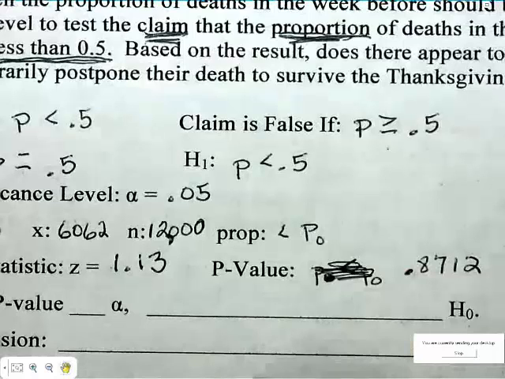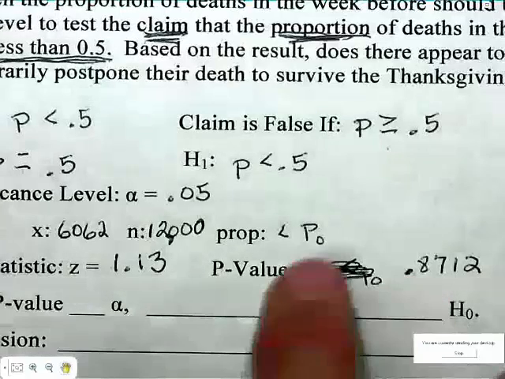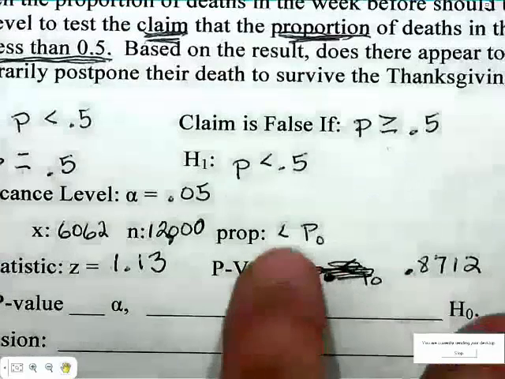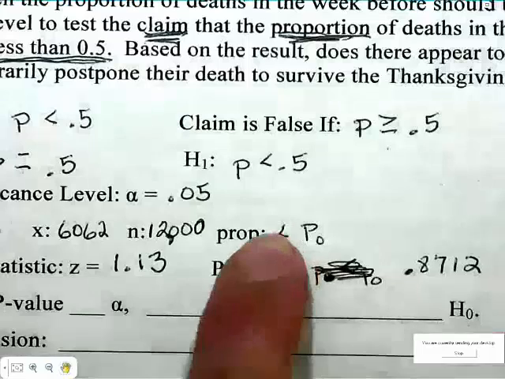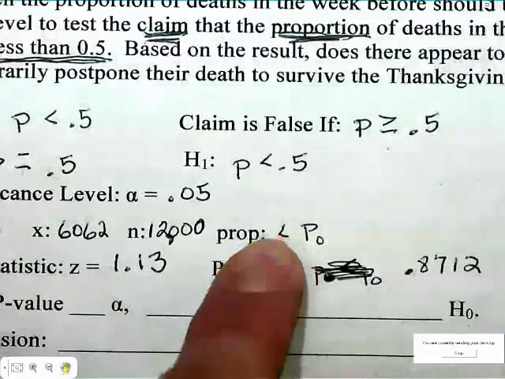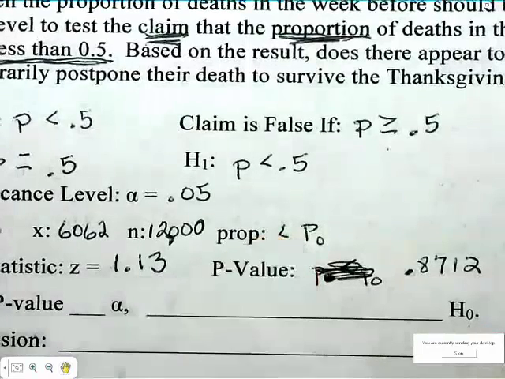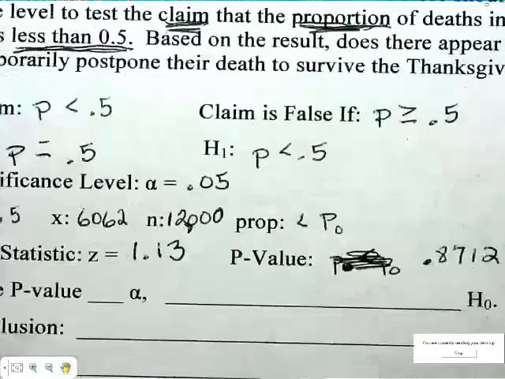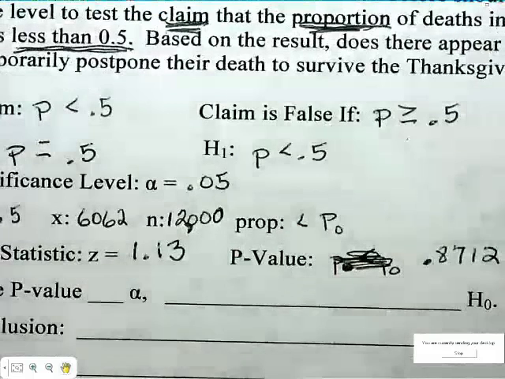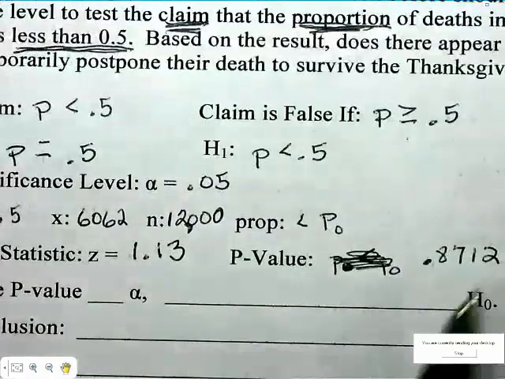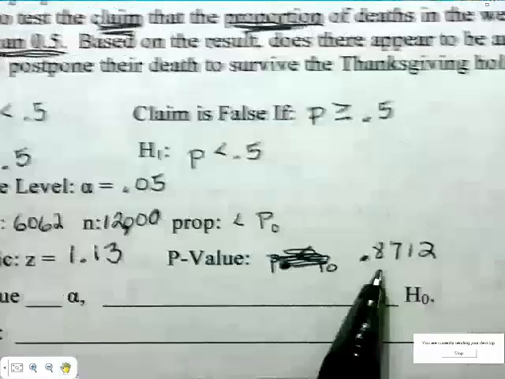What would happen to that p-value if instead of choosing the less than, I had chosen the not equal to? Yeah, 2 tail. It would give me twice the probability of what's in 1 tail. How does that compare to our significance level?